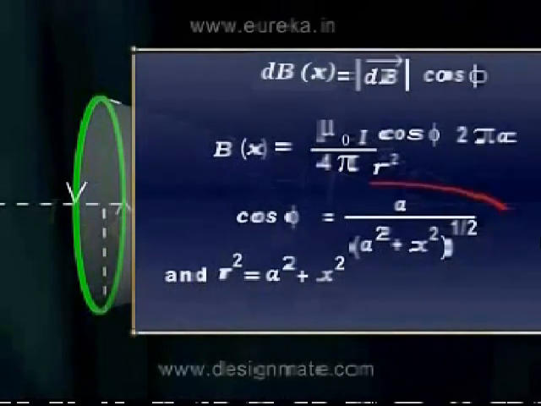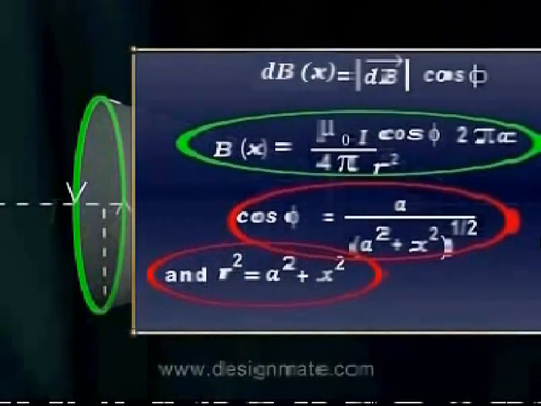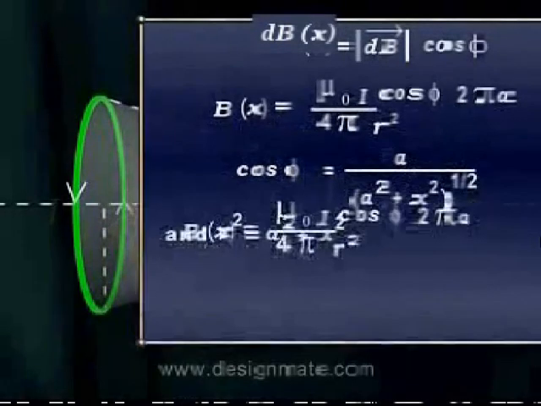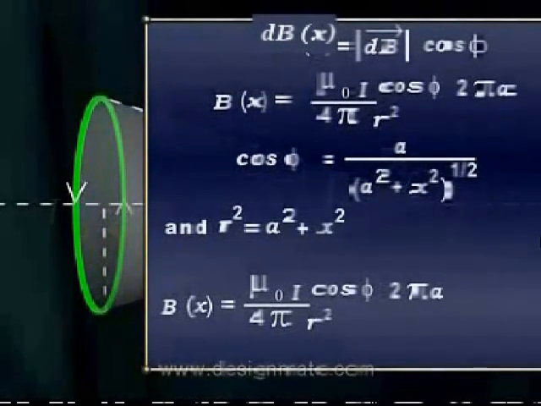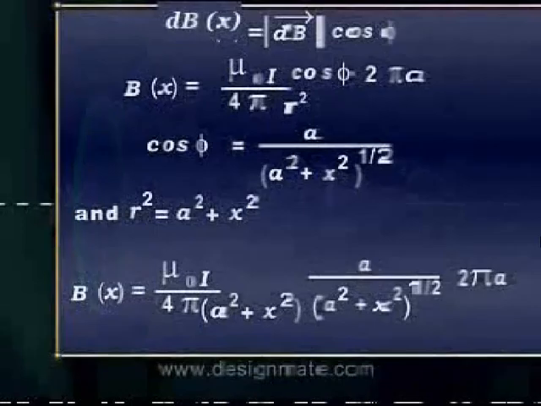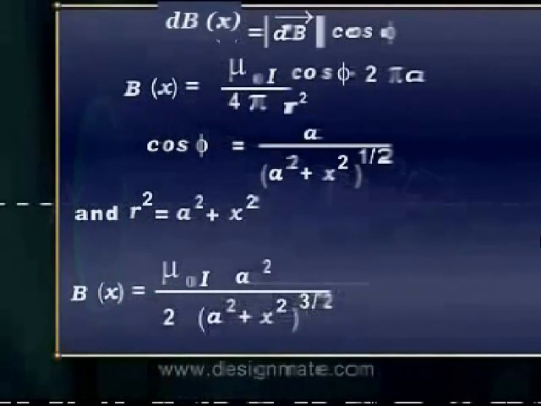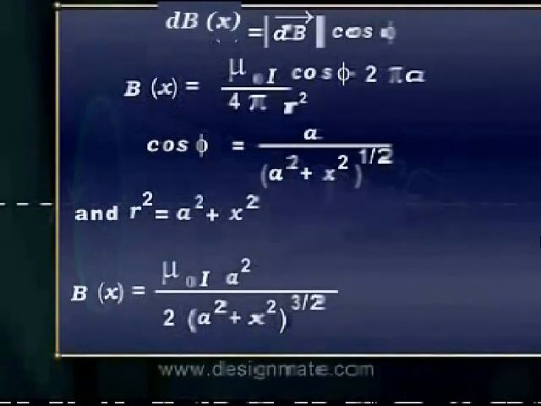Using these equations, we get Bx is equal to mu 0 I a square upon 2 into (a square plus x square) raised to 3 upon 2.